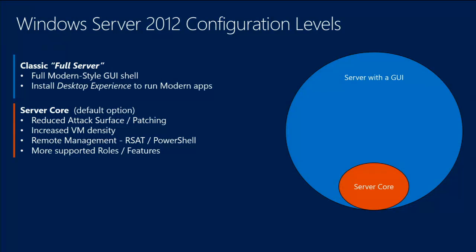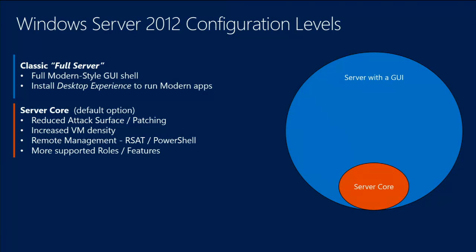Some people say, wow, I don't want to move to Server Core because I have to use PowerShell to be able to manage that box. That's not true. We have Remote Server Administration Tools kits, which are shipped as part of Windows Server, actually as a download that comes out at the same time as Windows Server, which give you all of your graphical management tools to be able to manage that server remotely.